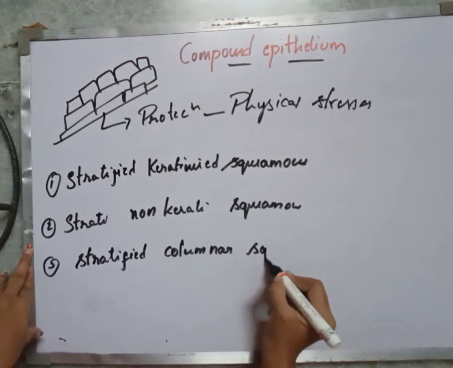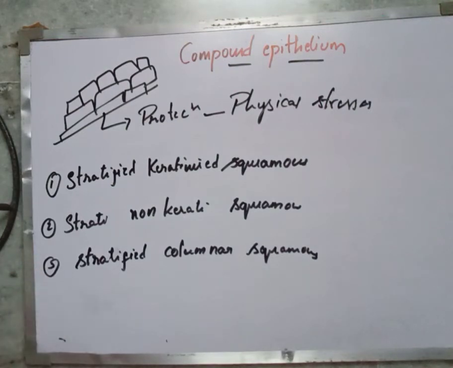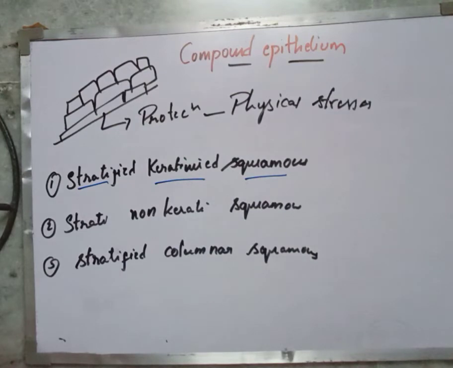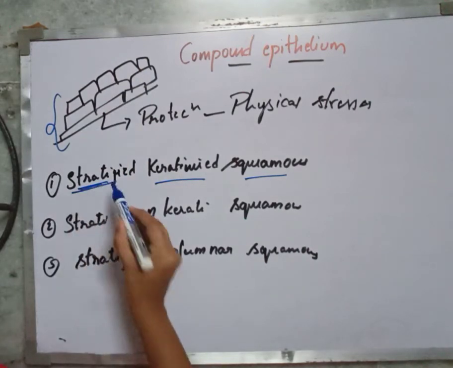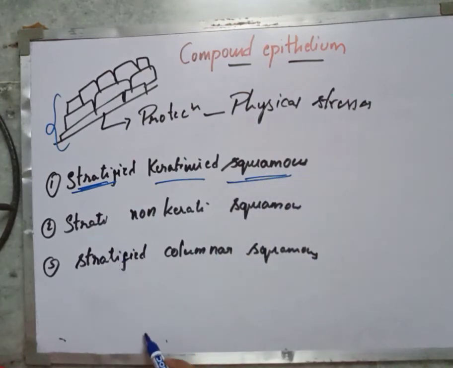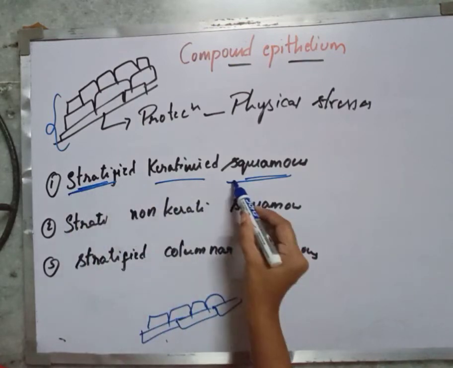So let me tell you about each word in detail. If we take the first one, it is called stratified keratinized squamous epithelium. Stratified means more layers. Layers are commonly called strata. So stratified means more layers of squamous epithelium are present. Squamous epithelium means tile-like cells, so if the tile-like cells are present in a larger number, it is called stratified squamous.